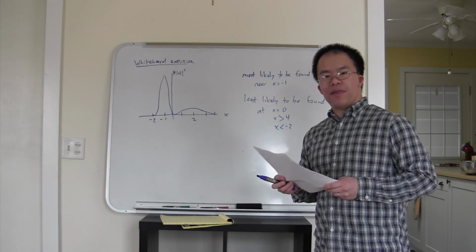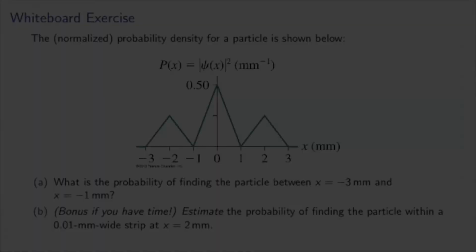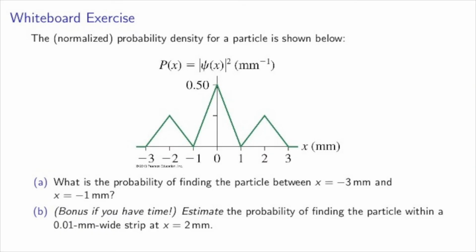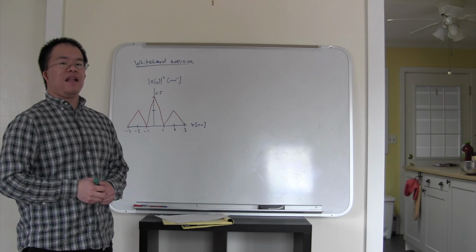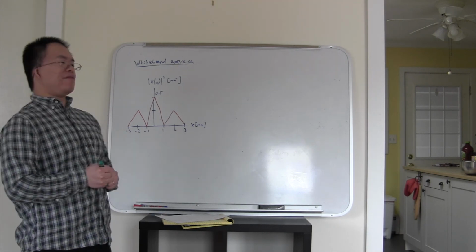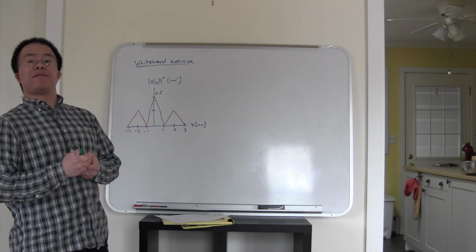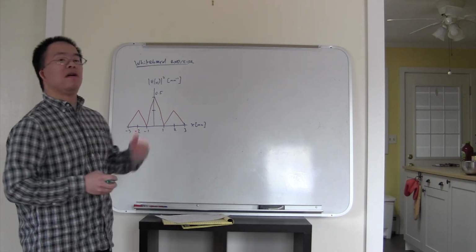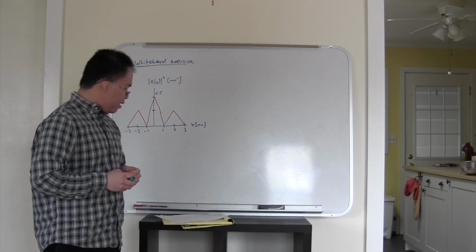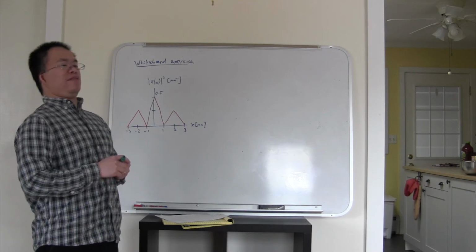So let's have you think about that, and then we'll come back together. Okay, so the first part of this asks you to find the probability of detecting this particle between x equals -3 and x equals -1 millimeters.